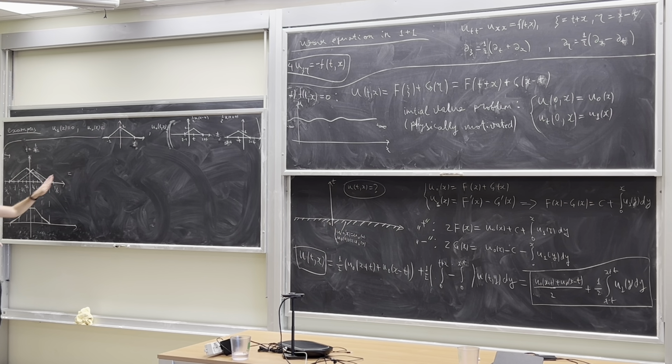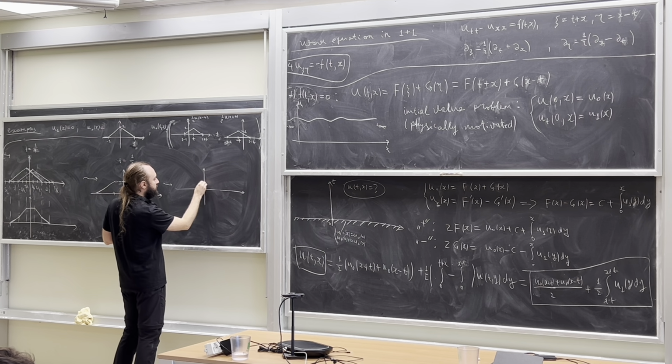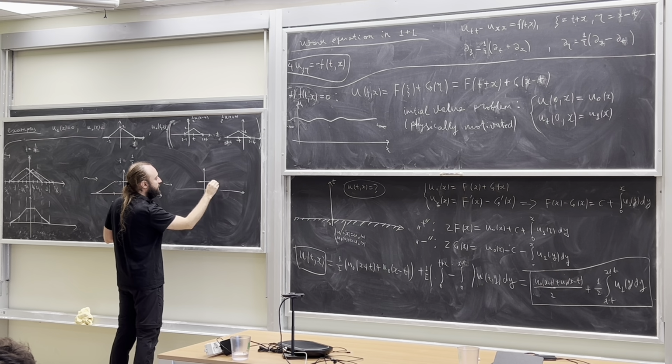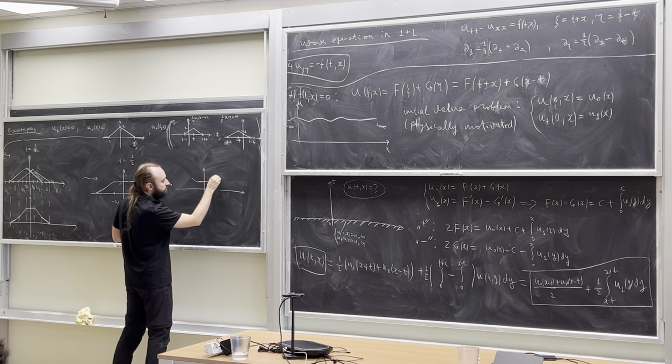Then they disconnect even further, so it looks this way. So this is for t greater than 1/2. And then at some point we see this picture.